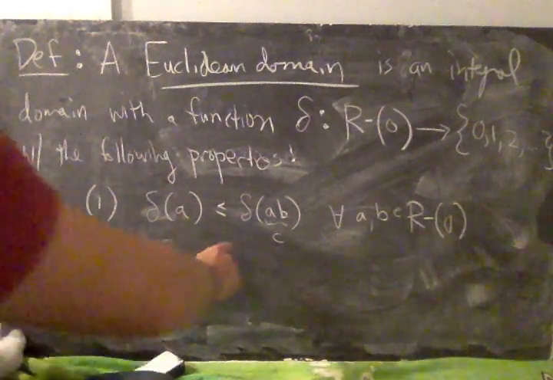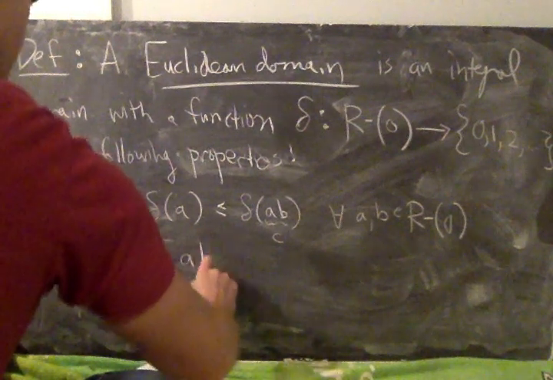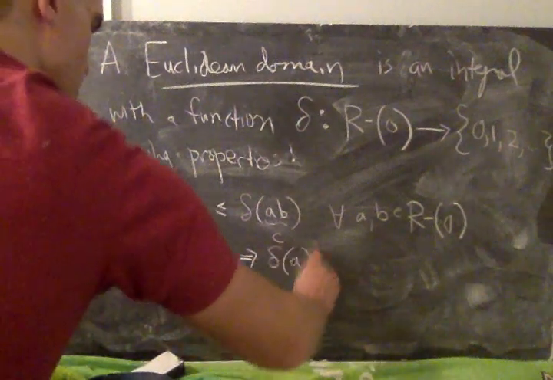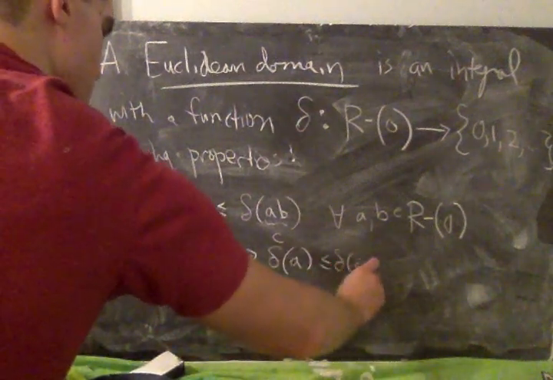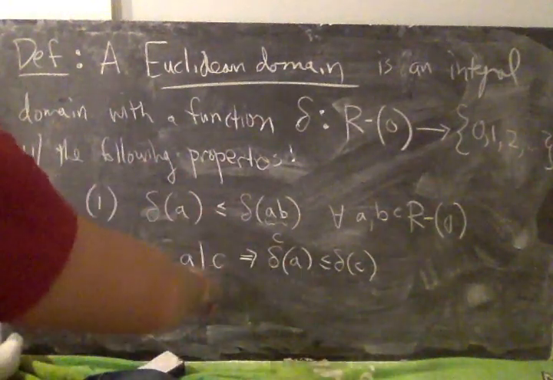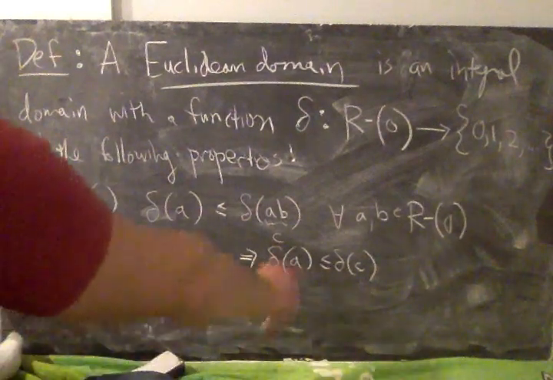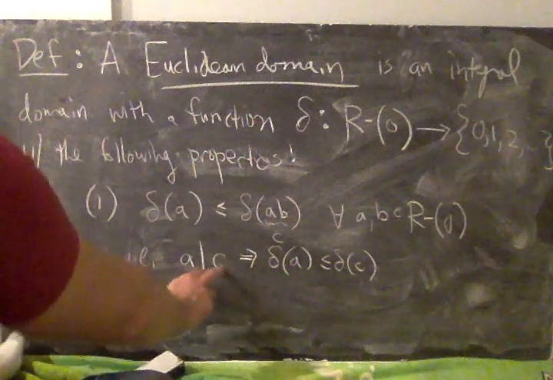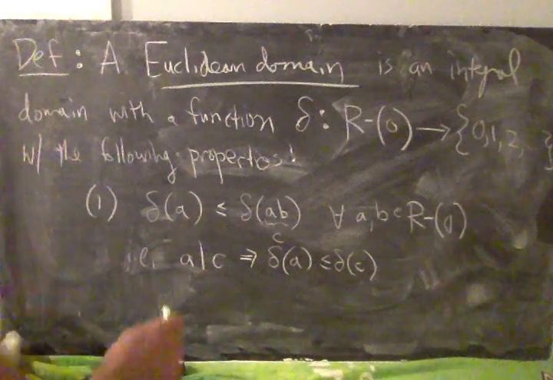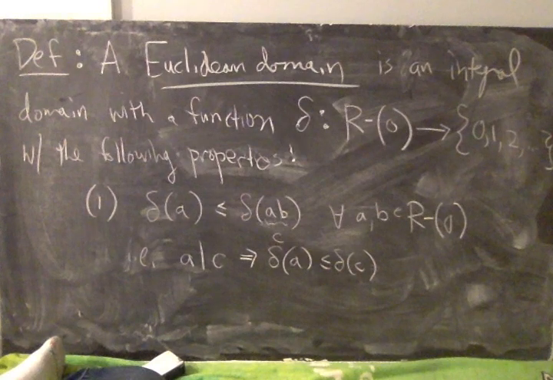So really this just says that if A divides C, then delta of A is less than or equal to delta of C. So this delta has a monotonicity property with respect to division. You think of A as being less than C with respect to division in some sense, and that immediately implies that delta of A is less than or equal to delta of C. So that's one property.